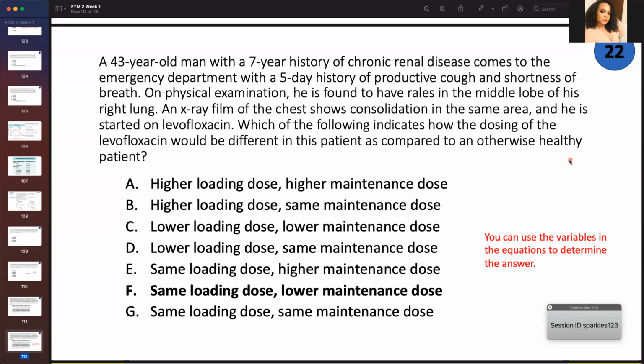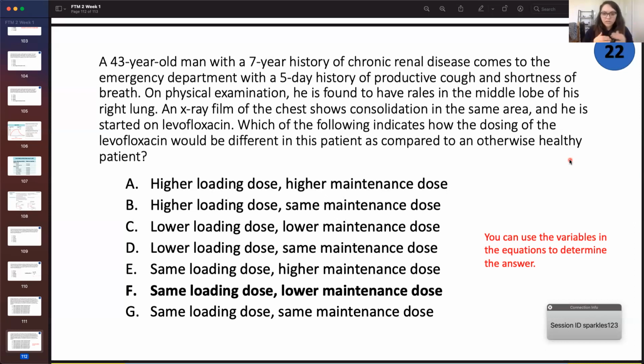I have a question. What if the same question was about, for example, VD, and they said obesity affects VD? Would we have to lower the loading dose if the patient was obese? So yeah, you would look for which of these formulas includes VD as one of the variables, and you're correct, it's the loading dose.